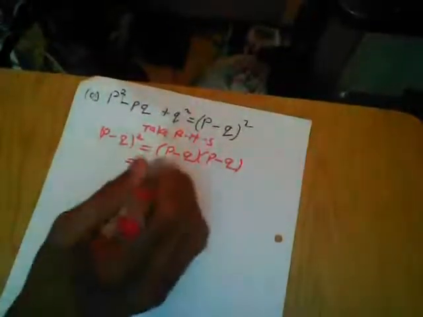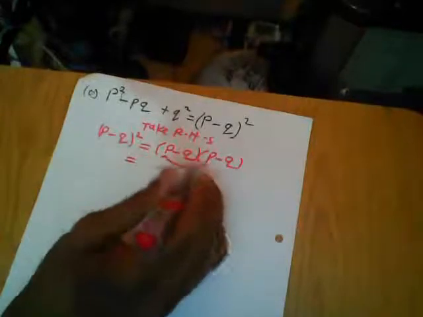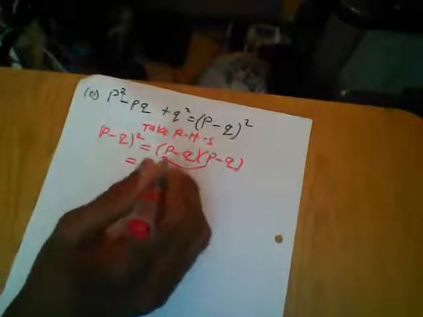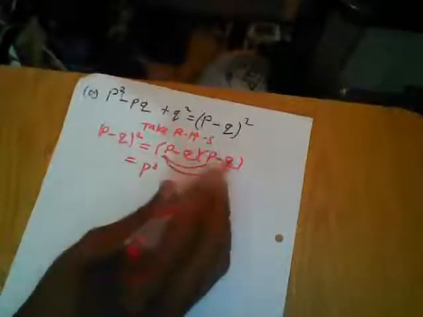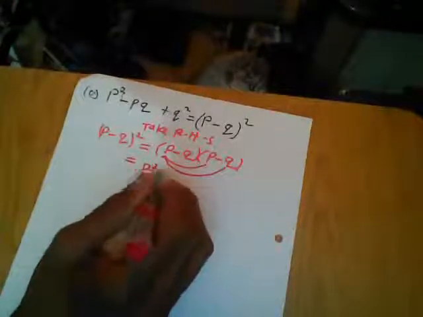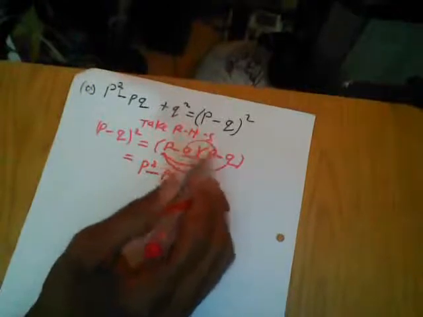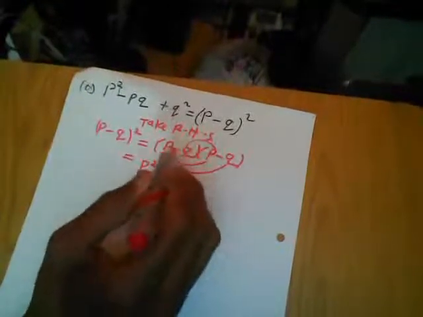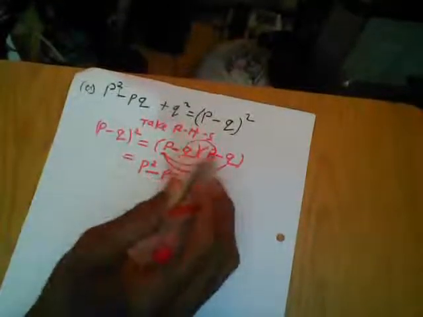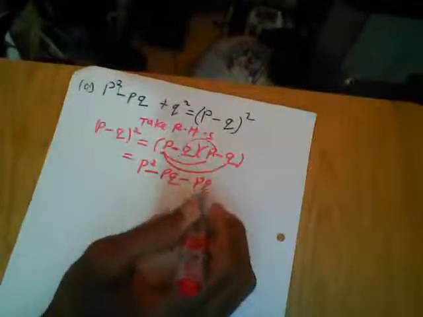Okay, let's multiply now. The first one with the first one gives me P squared. The first one with the second one, P times negative Q, is minus PQ. The second one with the first one means negative Q times P, which is negative PQ.